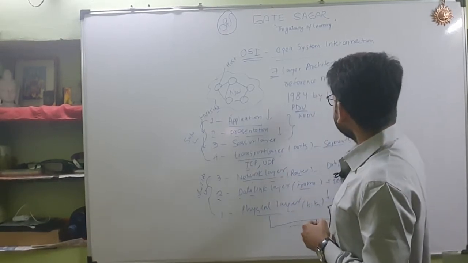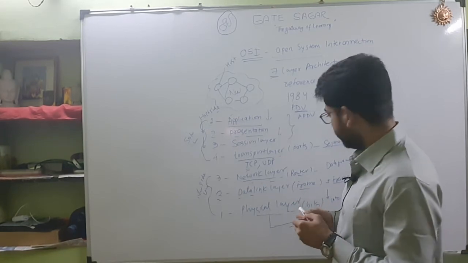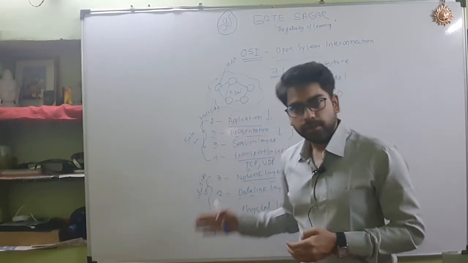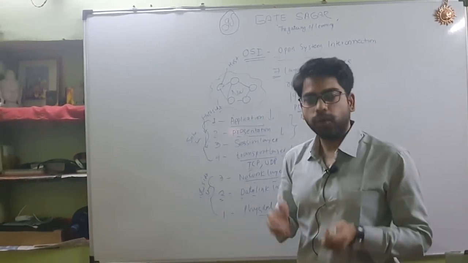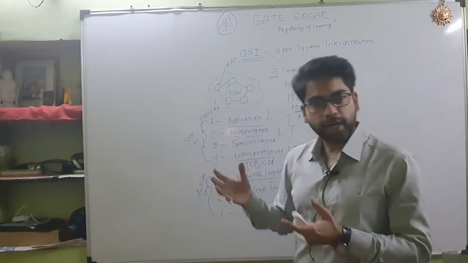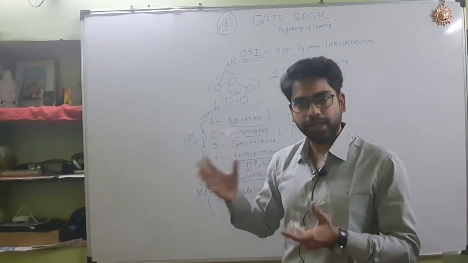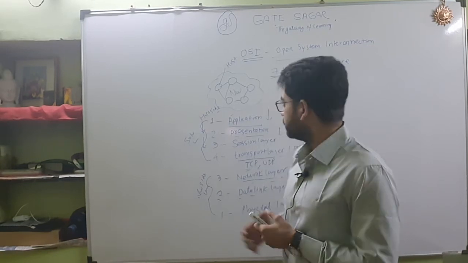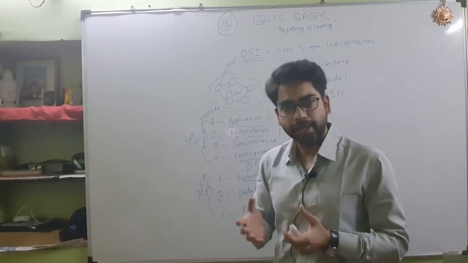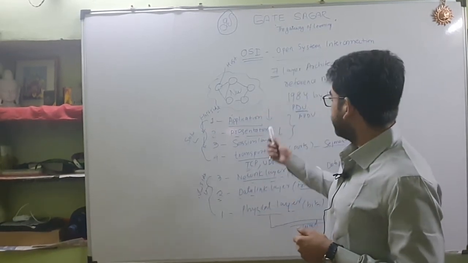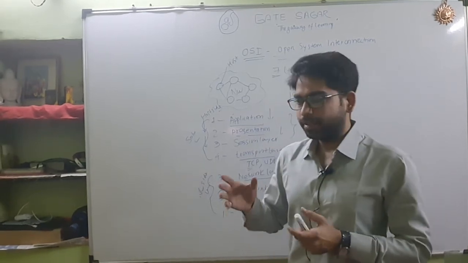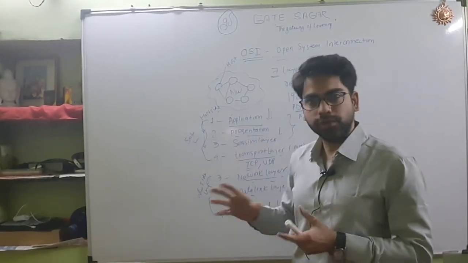Now what we understood today is that there are 7 layers in the OSI model. The OSI model is an abstract model which helps us understand the real world communication system, and this is a reference model which was developed by ISO, and each layer has its own functionalities. These are governed by a set of rules called protocols.